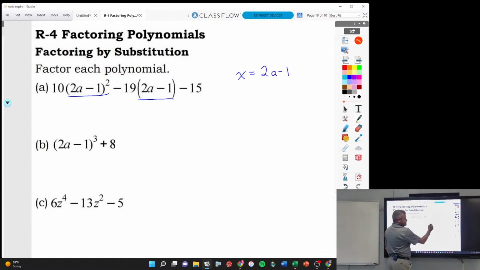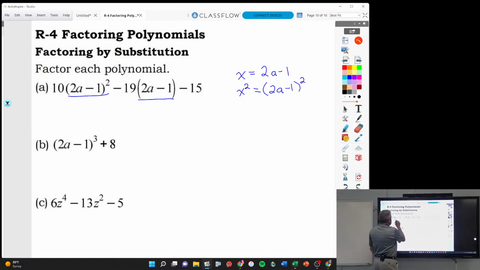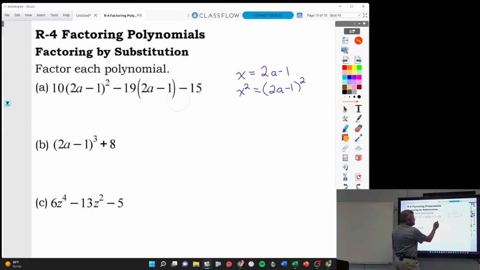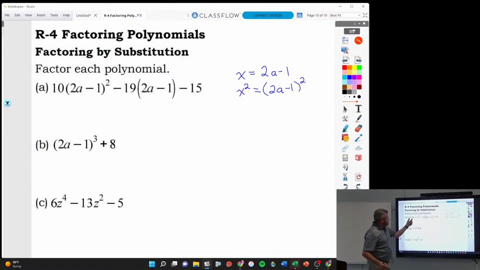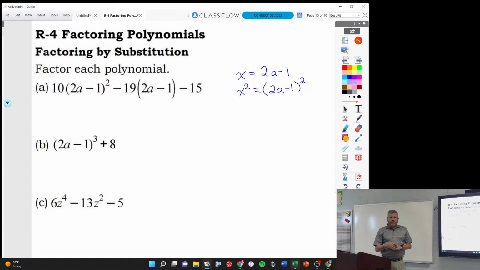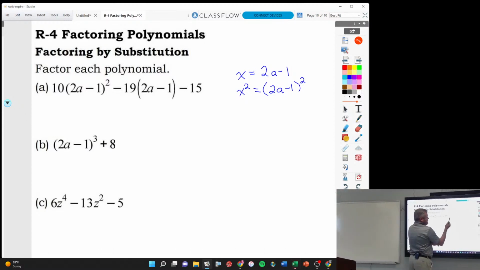If that's true, if I took x squared, wouldn't that be 2a minus 1 squared? So what I'm going to do is rewrite this problem, but instead of writing this 2a minus 1 stuff, I'm going to replace those with x's. Well, 2a minus 1 squared is the same thing as x squared.